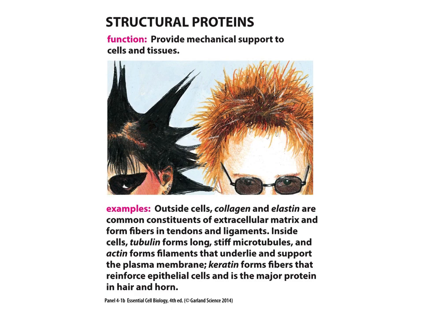So some examples of structural proteins would be like collagen or elastin. So these can form fibers in our tendons and ligaments. If we look inside cells, things like tubulin, which forms microtubules, or actin that forms filaments. Actin's really important for that rearranging of the cytoskeleton so that we get things like amoebas that can move, right?